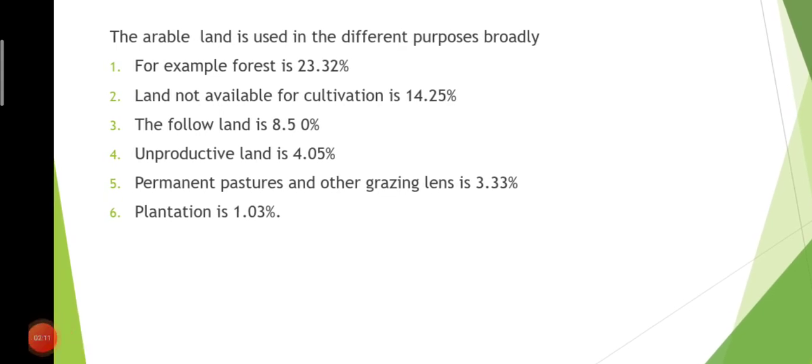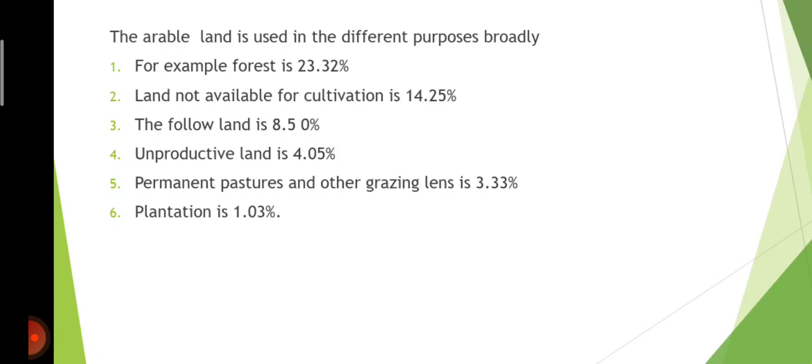The land is used for different purposes broadly. First, forest is 32%. Land not available for cultivation is 14.25%. The fallow land is 8.50%. Unproductive land is 4.05%.